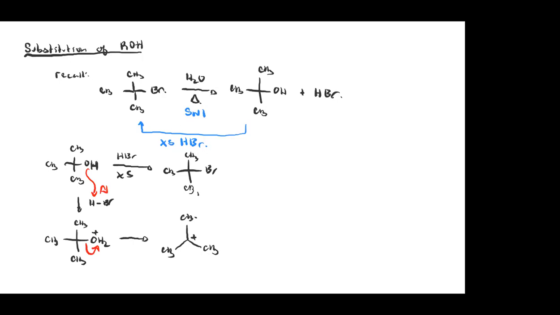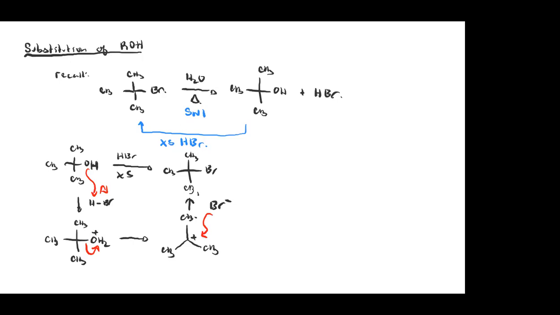And then the third step would be trapping of the cation by Br minus. So if you take a tertiary alcohol and heat it with HBr, you can substitute that alcohol for the bromide.